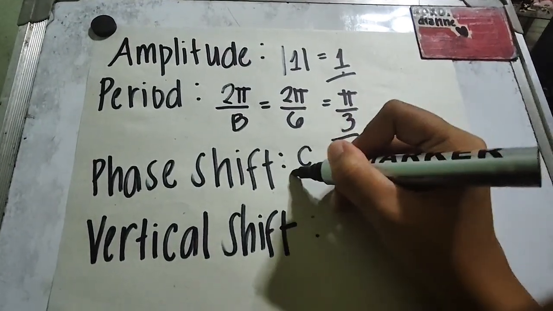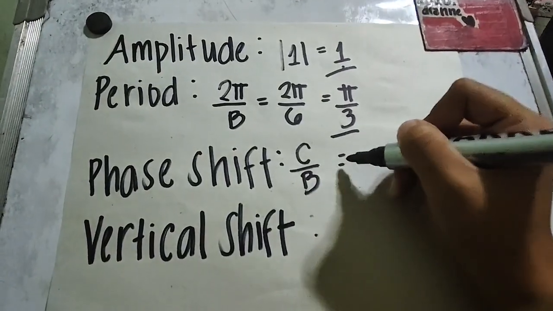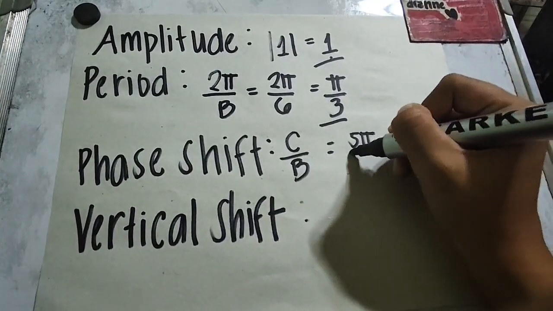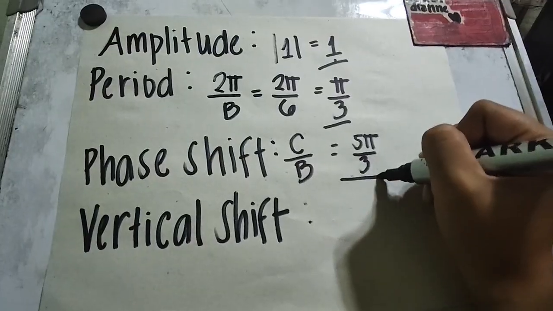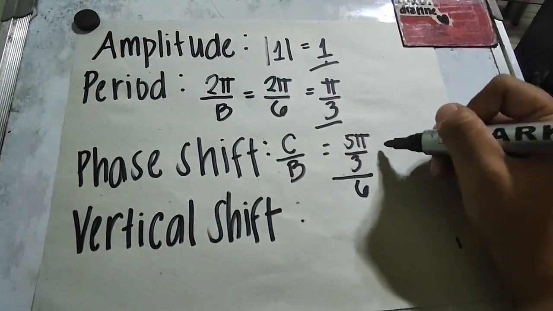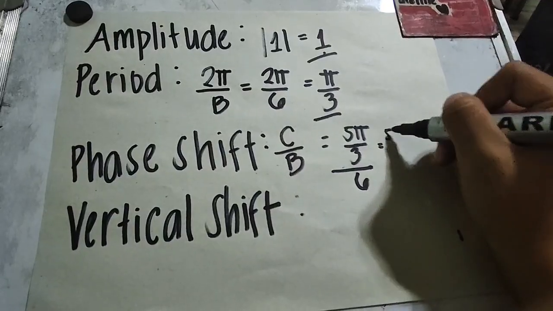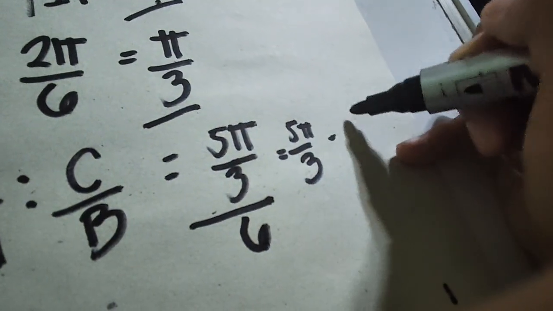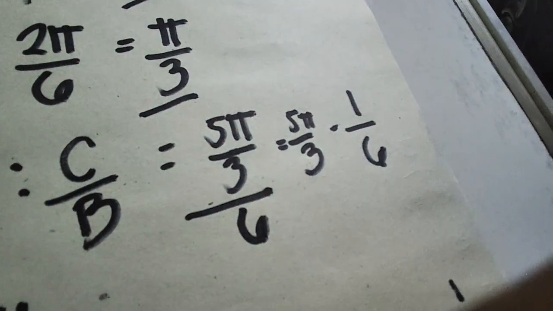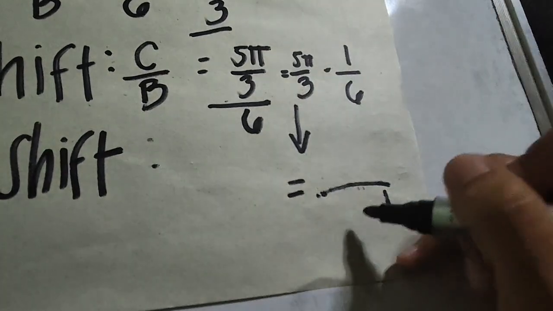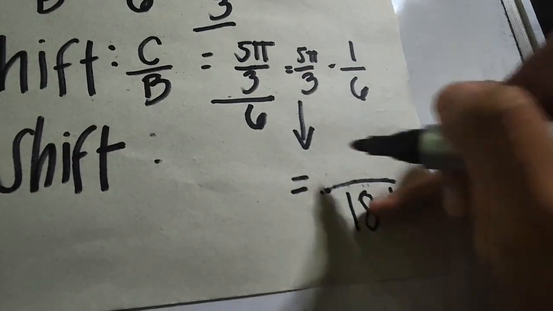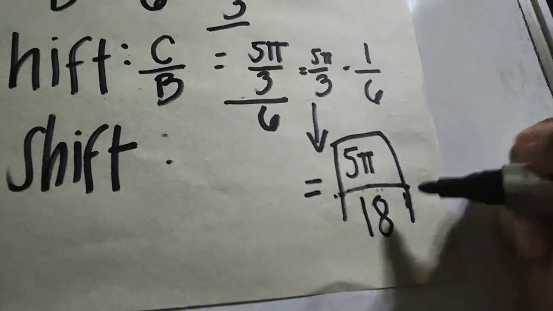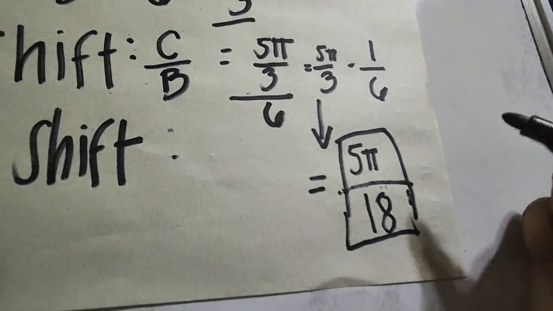To get the phase shift, we will have C over B. Now our phase shift is 5 pi over 18.